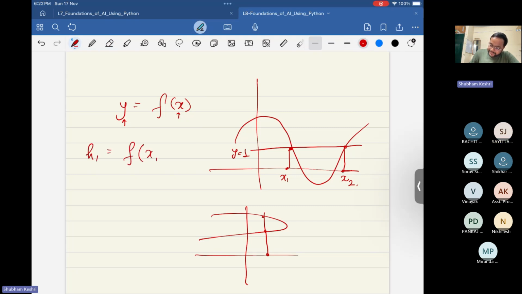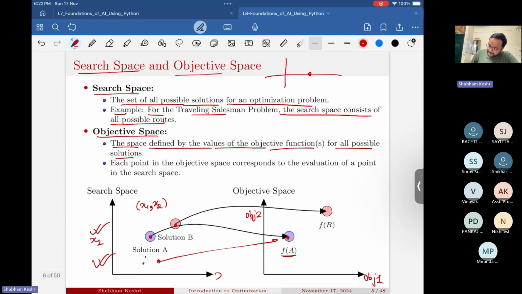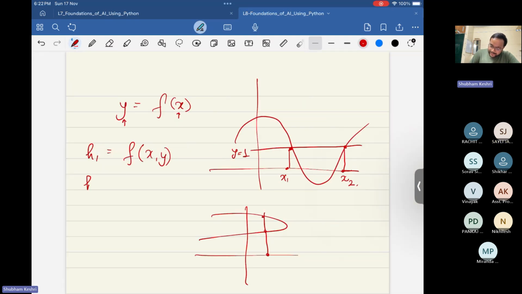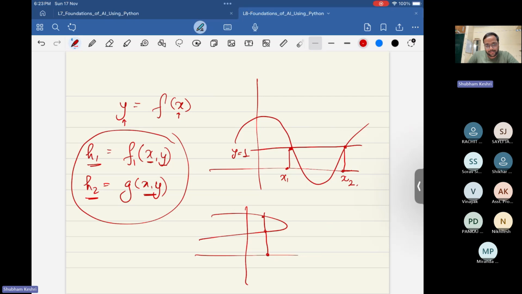And you have another objective, h2, which is also a function of x comma y. So you have a bi-objective problem. The first objective is h1, the second objective is h2, and you have two dimensions x comma y. So this is what is being shown in the previous graph.